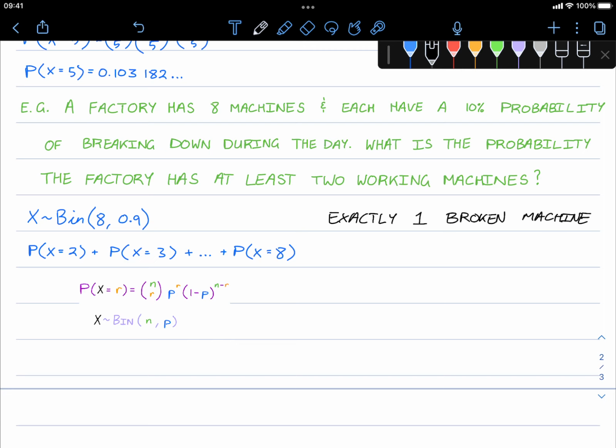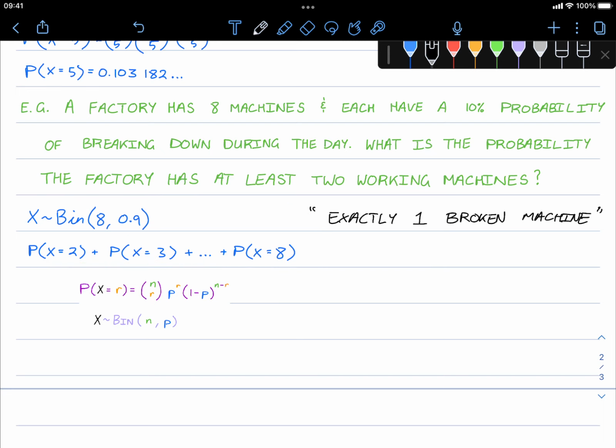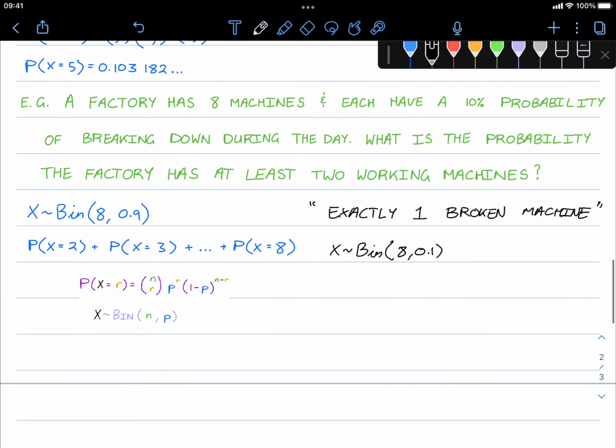So rather than thinking of the calculation the first way, we can think of it as X binomial with 8 repetitions and a 10% chance of breaking down, and in this case we're just finding exactly 1.